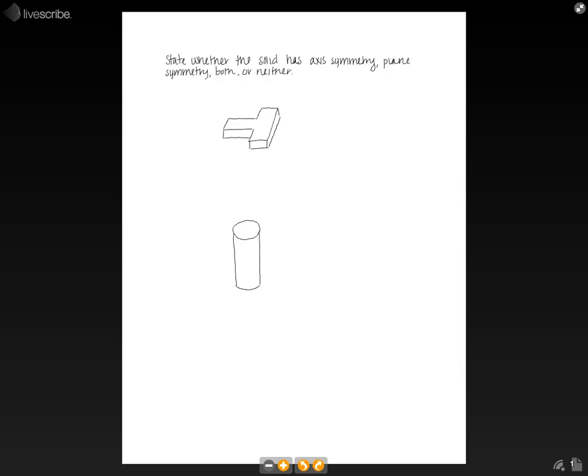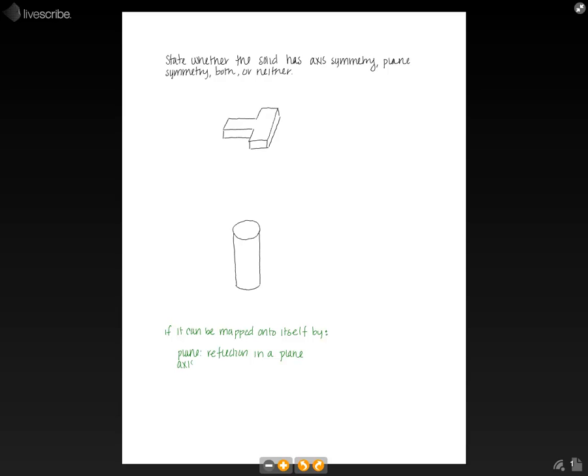So a figure has plane symmetry if it can be mapped onto itself. Alright, for plane symmetry, you can finish this sentence by if it can be mapped onto itself by a reflection in a plane.